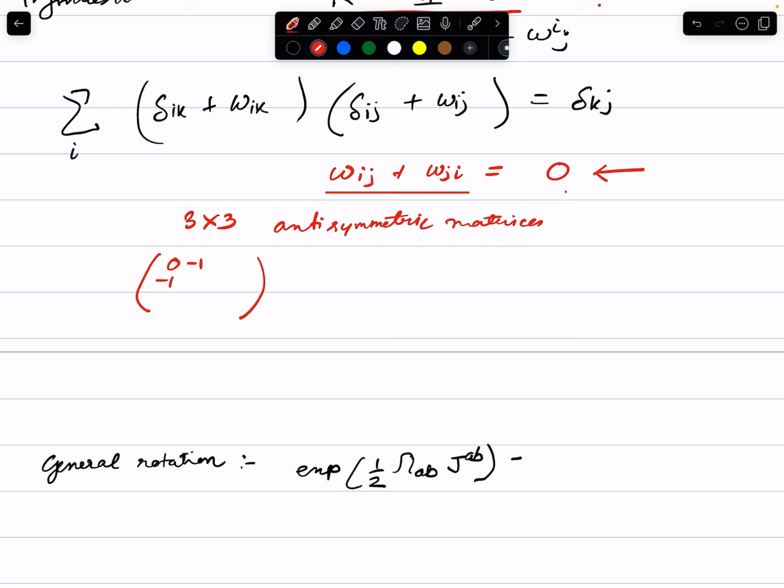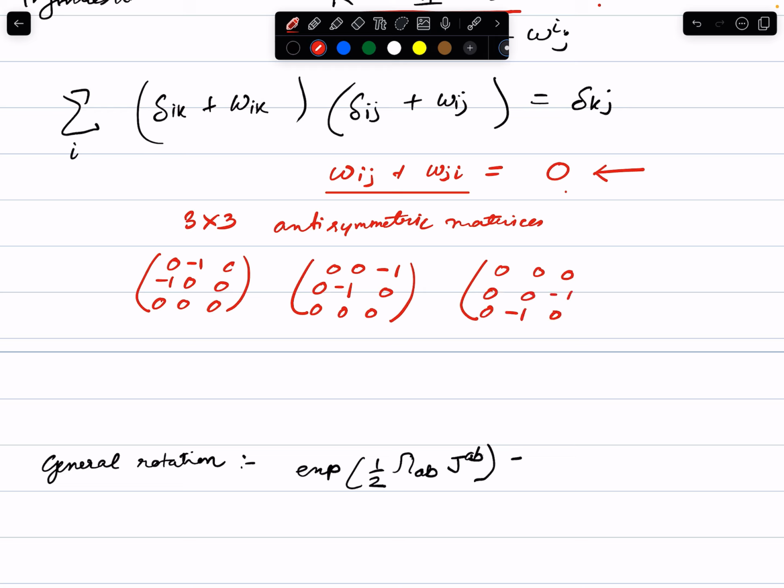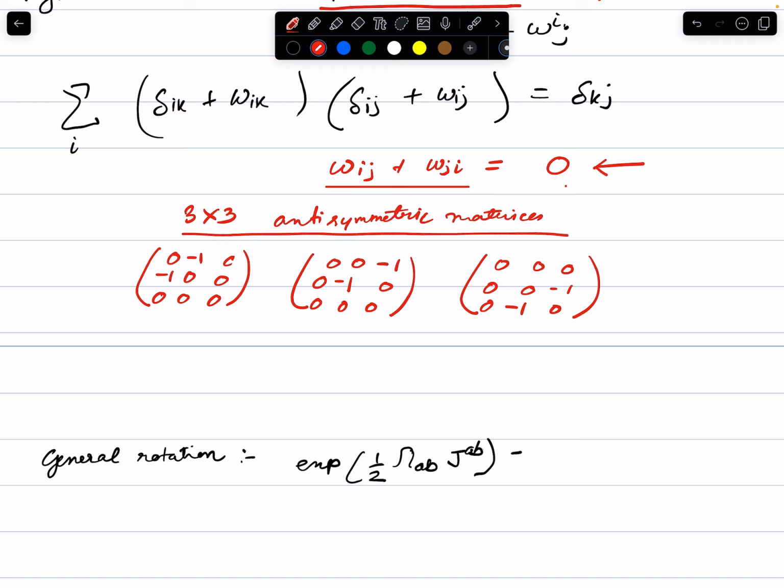So we have 0, minus 1, 0, 0, 0, 0, 0, 0, 0. We have 0, 0, minus 1, 0, 0. I think this is correct. And one more, 0, 0, 0, 0, 0, minus 1, 0, 0. Okay. So we have 3 of these, and these are the antisymmetric matrices which correspond to infinitesimal rotations.